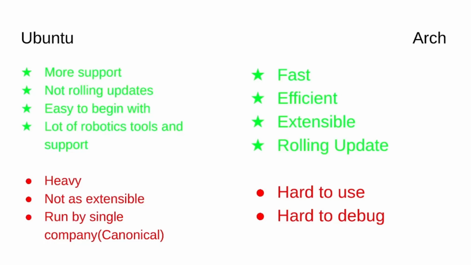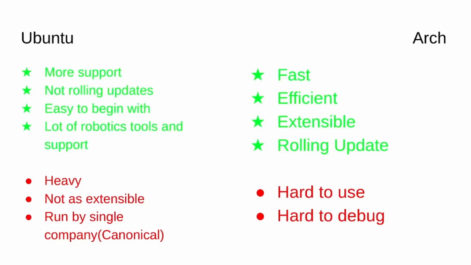Pacman is also really, really powerful because, as opposed to some other package managers, Pacman actually allows you to install packages from other distros. For example, if you wanted to install a Debian package into Arch, you could actually do that using Pacman. Pacman has the capability of doing that using its specific package managing systems.